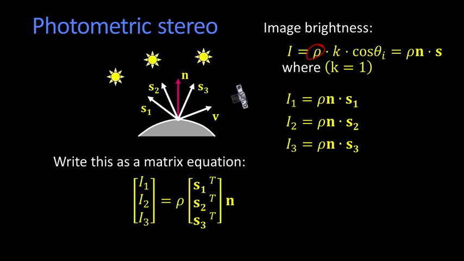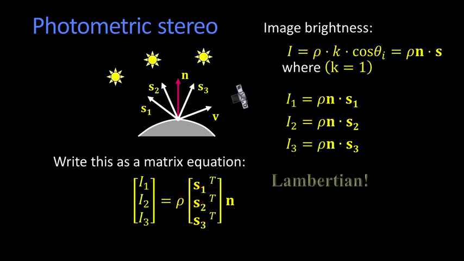And I can write these as a matrix equation, for a single pixel. So at a single pixel, I would have 3 different values, and I could just write this equation as rho times the 3 vectors that are the source directions, and by the way, I assume I know the source directions, times the unit normal, and the unit normal is the thing that I don't know. So I need to solve for that.